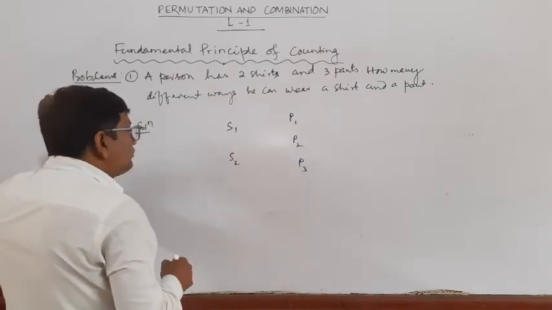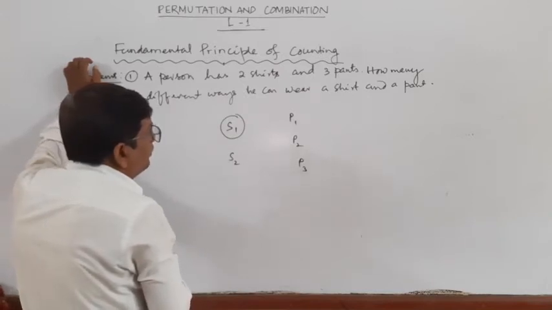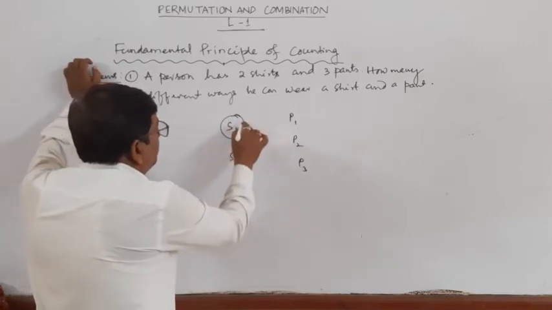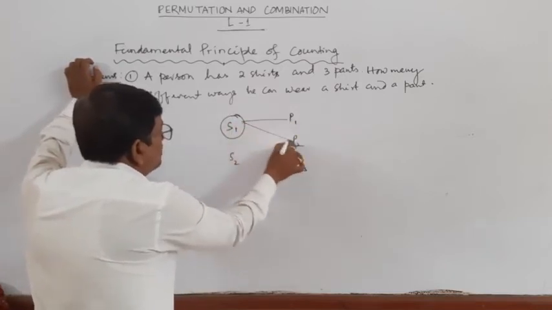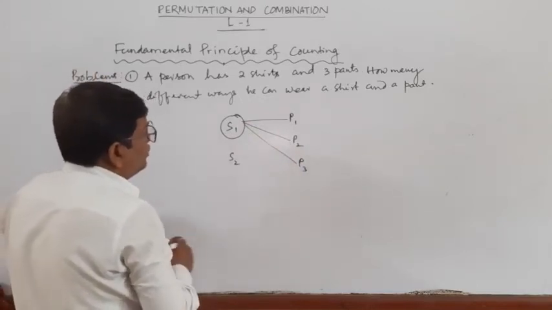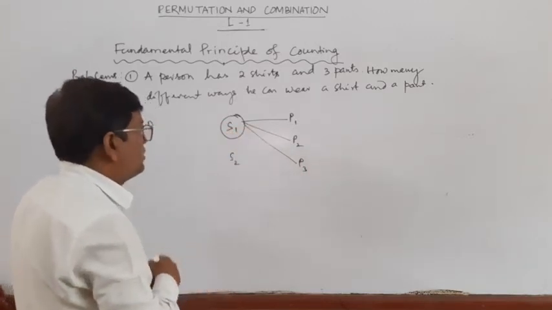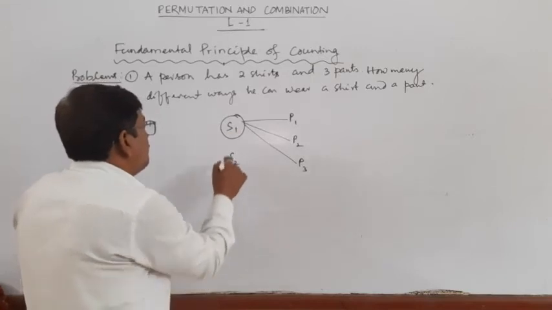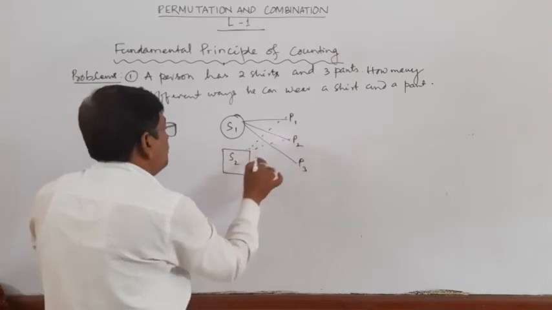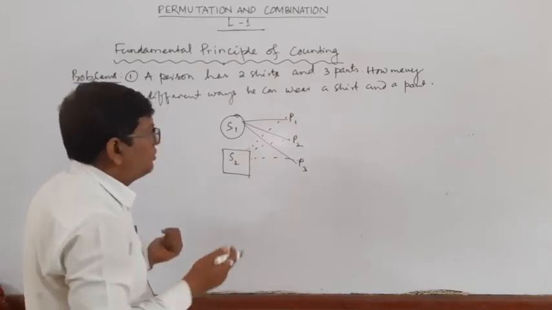Shirt 1 can be linked with this or this or this, 3 ways. So for shirt 1 there are 3 options for pant. Similarly, for shirt 2 there are also 3 options. So this will be 6.